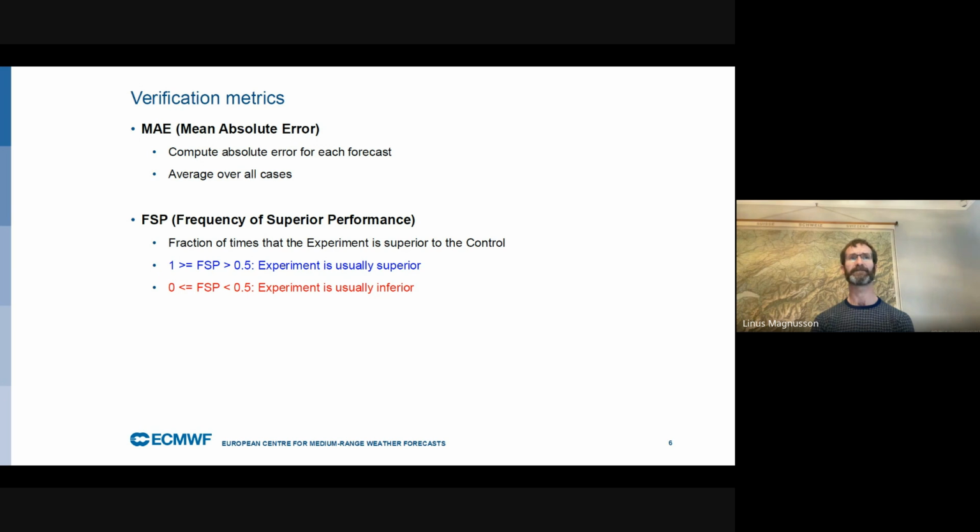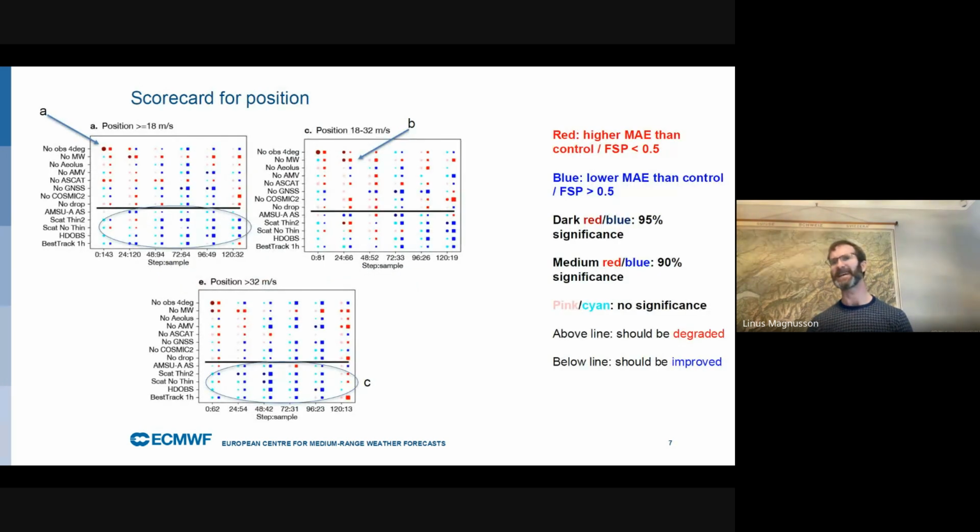So next. So this results in a lot of verification results, and what you see here is example is the scorecard we generated for position error. So first we stratified the cyclones depending on the intensity at the initial time.